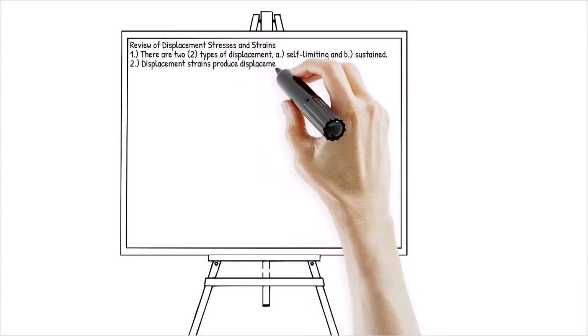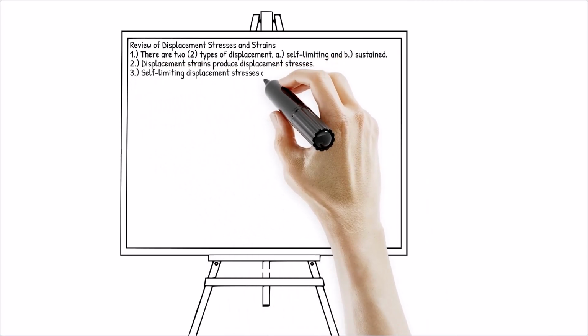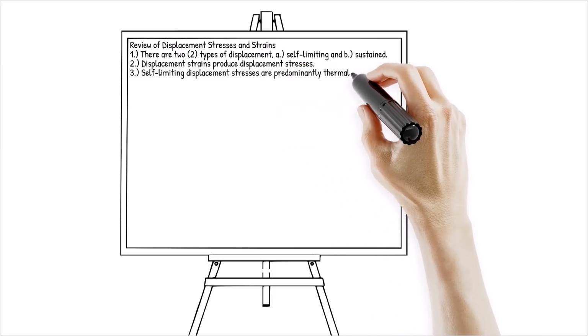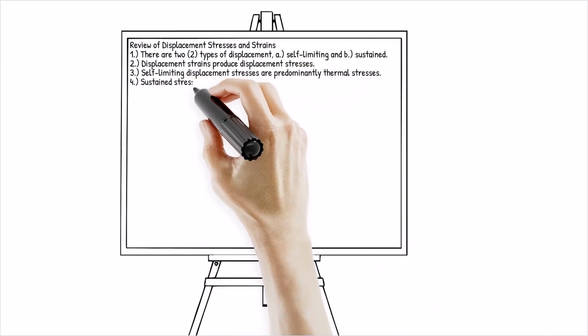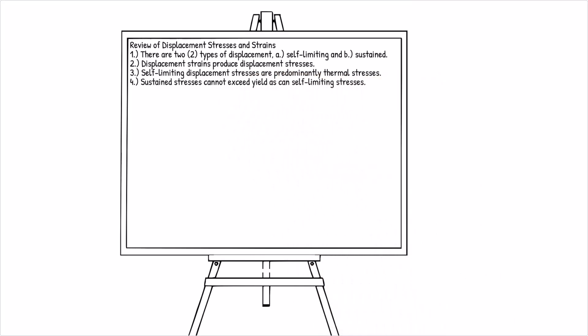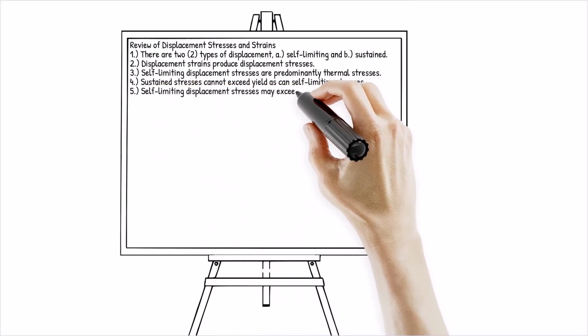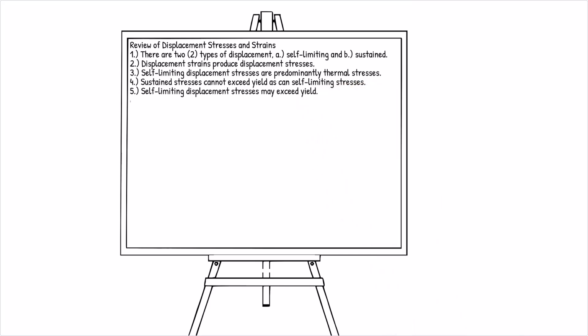We identified self-limiting displacement stresses as being predominantly thermal stresses in the code. Next, with our work with the stress-strain diagram, we saw that sustained stresses can never exceed yield. But self-limiting displacement stresses can exceed yield from the stress-strain diagram work that we did.